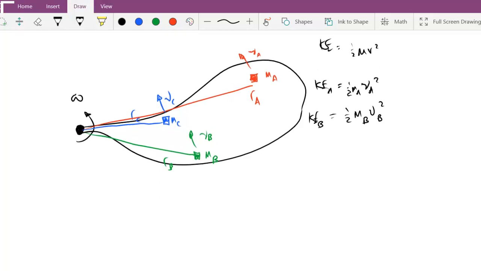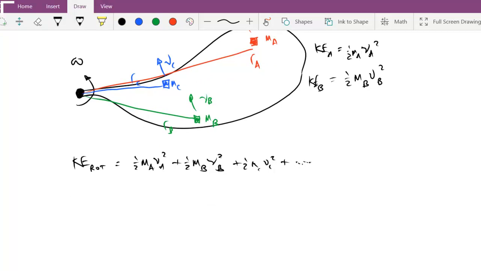So the whole kinetic energy of this entire thing as it rotates around, so this would be our rotational kinetic energy, will be 1/2 the mass of A times the speed of A squared plus 1/2 mass of B times the speed of B squared plus 1/2 mass of C times the speed of C squared plus yada yada yada. We could have an infinite number of points here.